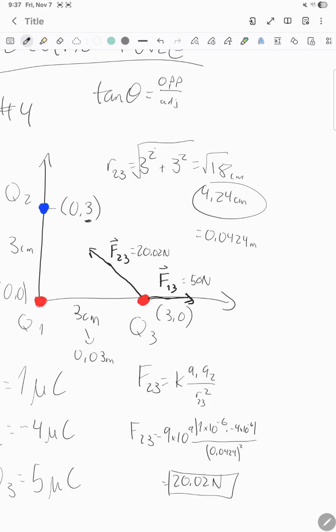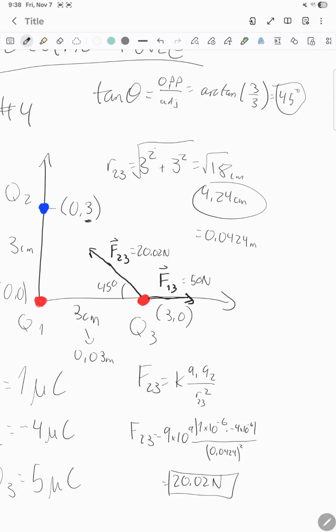We know that the opposite is 3 centimeters and the adjacent is 3 centimeters, so it'll just be arctan of 1, since 0.03 divided by 0.03 is 1. So arctan of 1 is 45 degrees. So this is 45 degrees.